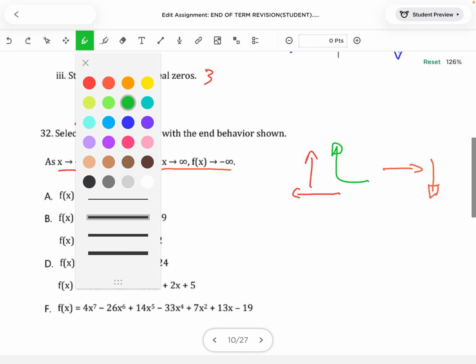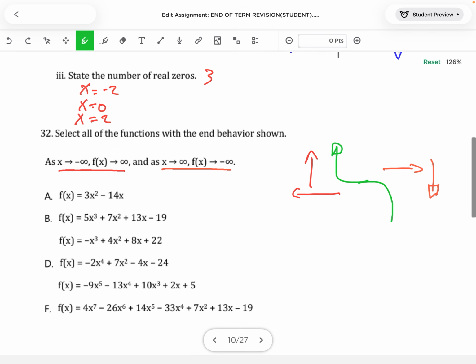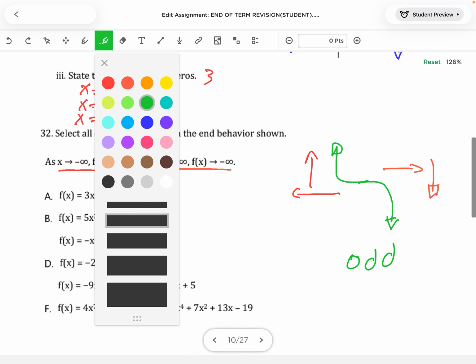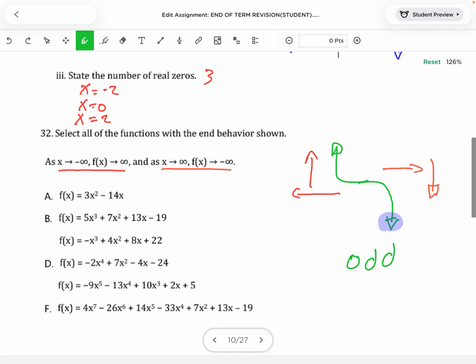So the graph will be like this. That means I have an odd function. The right side is going down, so the leading coefficient is negative. So I have to search for odd power with a negative leading coefficient. This is odd with negative leading, this is odd with negative leading. We are done. Piece of cake.